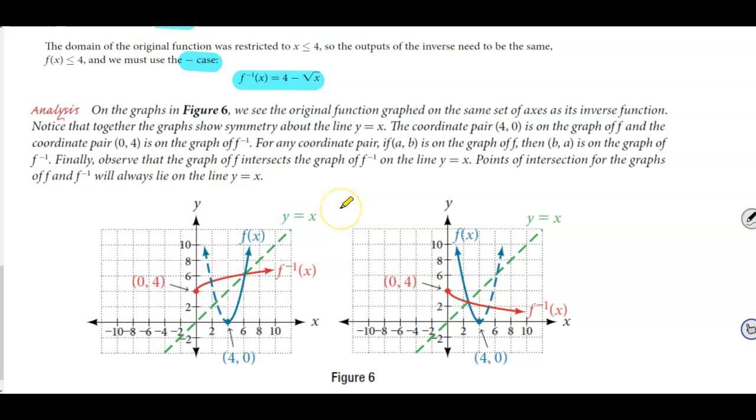For any coordinate pair, if (a, b) is on the graph of f, then reversing those values to make (b, a) is on the graph of f inverse. Finally, observe that the graph of f intersects the graph of f inverse on the line y equals x. Points of intersection for the graphs of f and f inverse will always lie on the line y equals x.